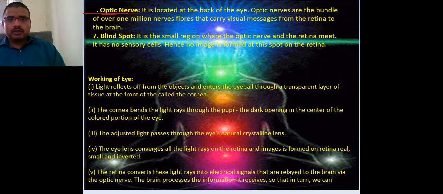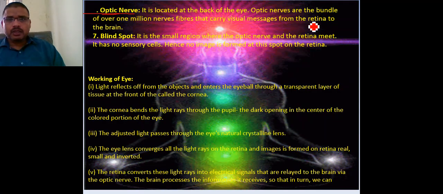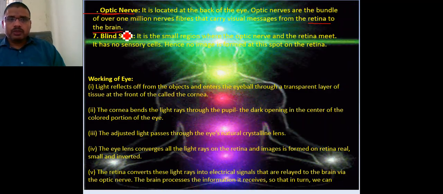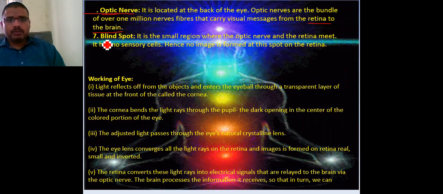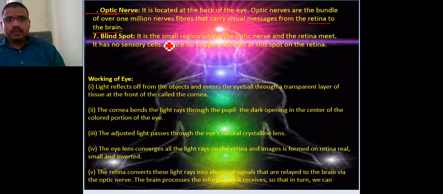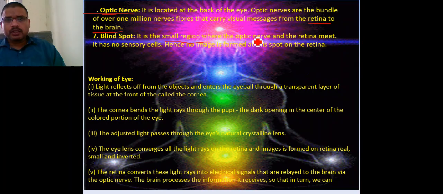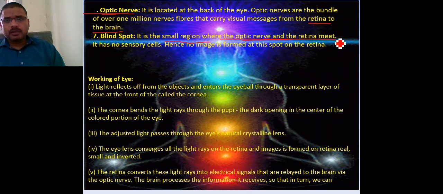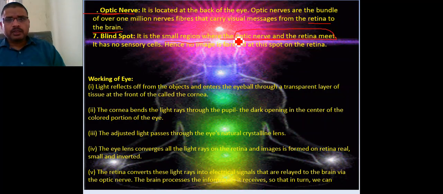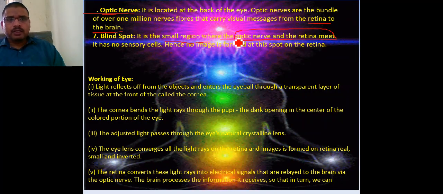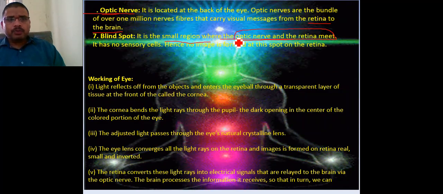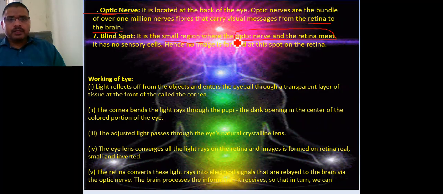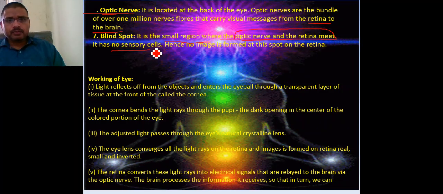Now, behind the eye, there is a small region where the optic nerve and retina meet. In between that region there is a small spot, and that small spot is called the blind spot, and it has no sensory cells. So no image is formed at this spot on the retina.